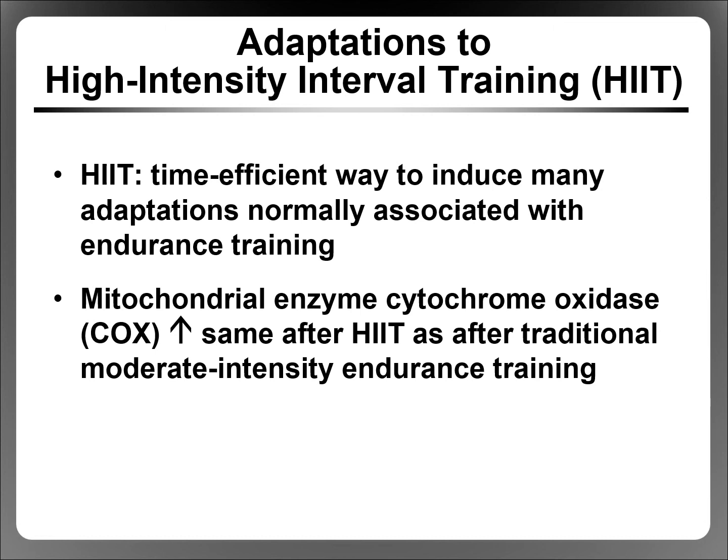Basically, the mitochondrial enzyme cytochrome oxidase will increase the same after HIIT training as traditional moderate intensity endurance training. So if it comes down to, can you go do 45 minutes of cardio, or you can do a 20-minute HIIT session, most people will go do the 20-minute HIIT session and get the same results.